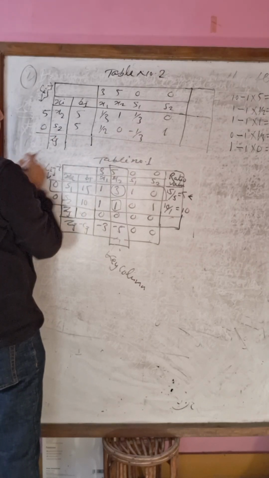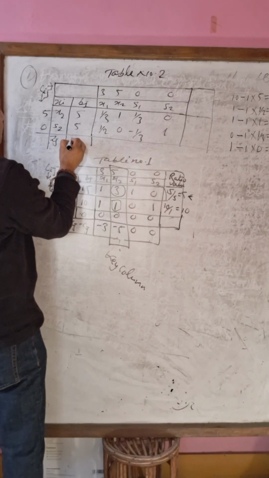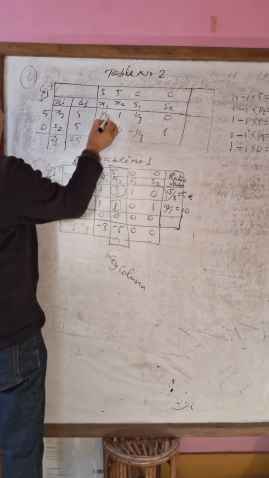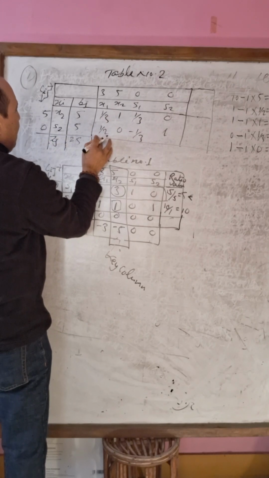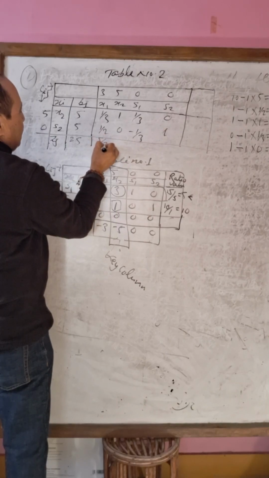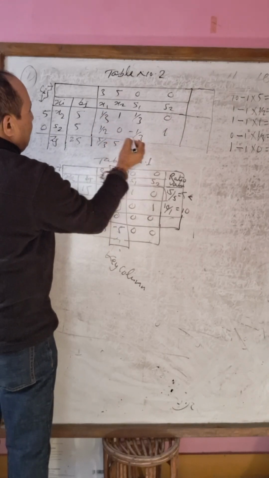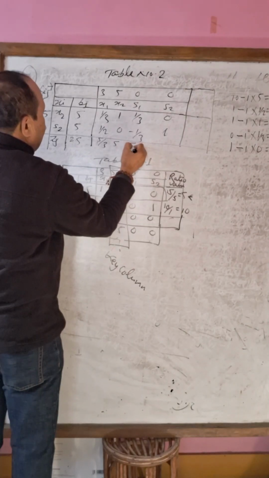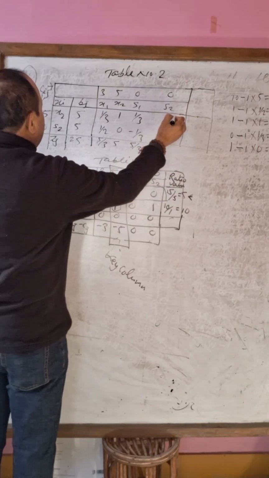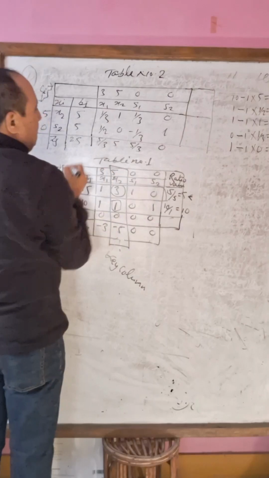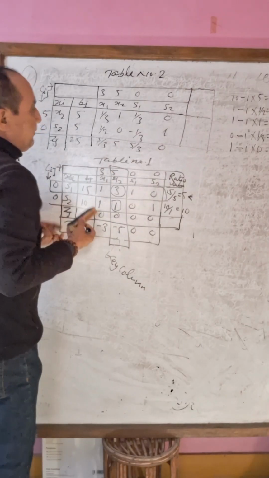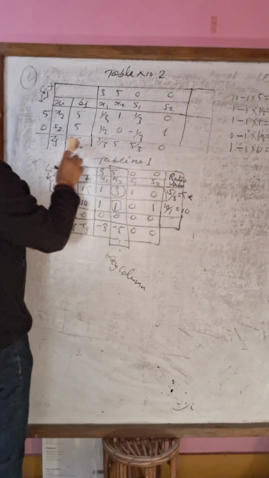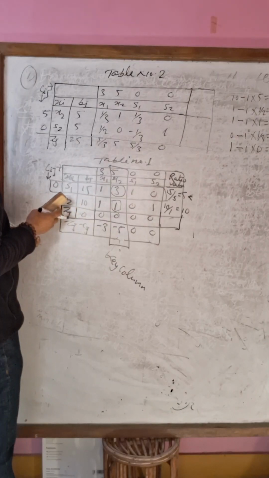ZJ, okay, this is 25. This one 5 by 3, this one 5, this one 5 by 3, and this one 0. Okay, similarly, as previously, we write ZJ.